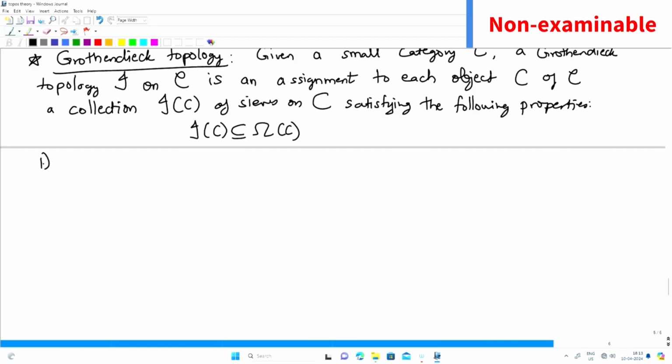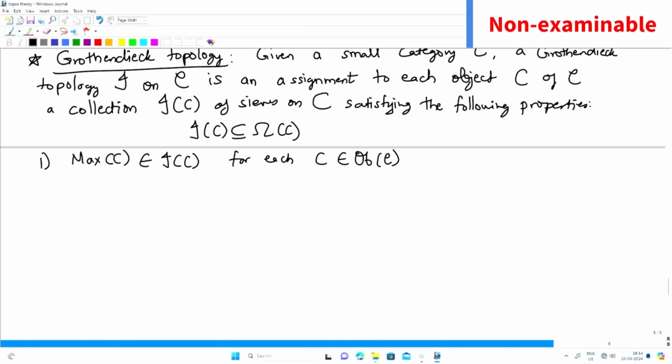So the properties are pretty straightforward. The first two properties are pretty straightforward. First one is that max of C belongs to JC for each C in C. So the maximal sieve is always a covering sieve. Well, you should hope so, right?